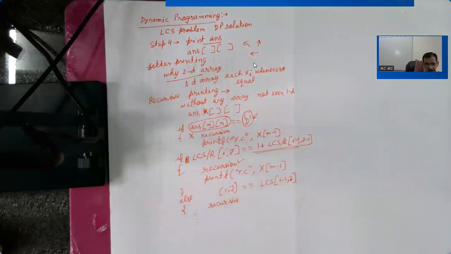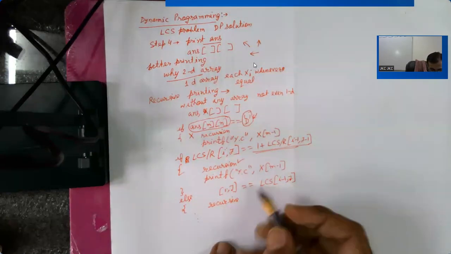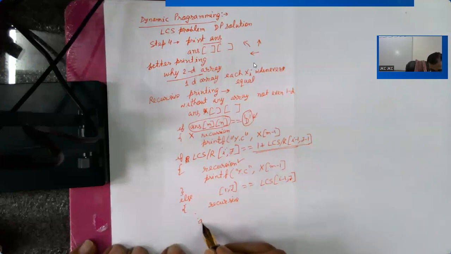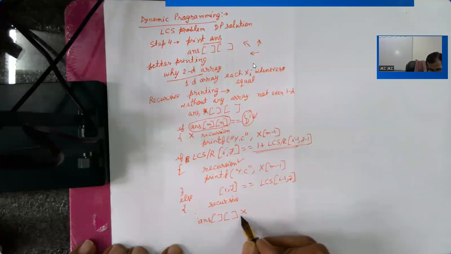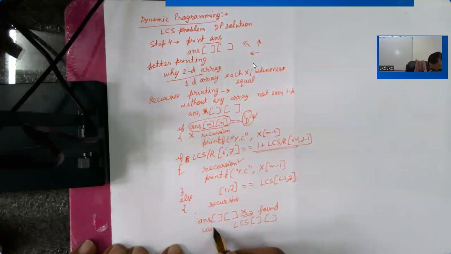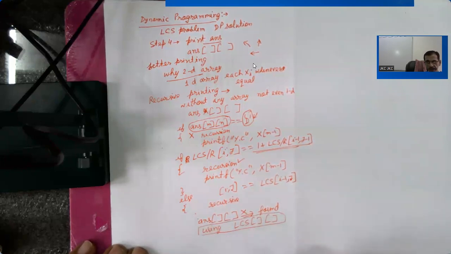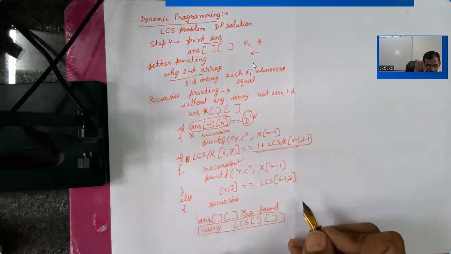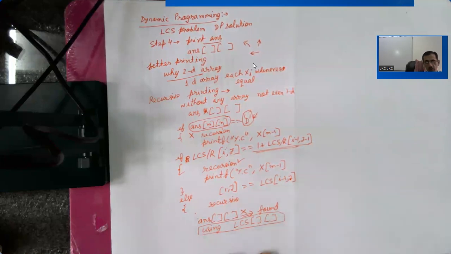So whatever advantage I was getting by using the answer array, now this answer array is effectively not needed. This can be found by using the LCS array itself. So I can easily take the decision using the same old created array. So that can be one of the ways of solving. Not going into more detail.